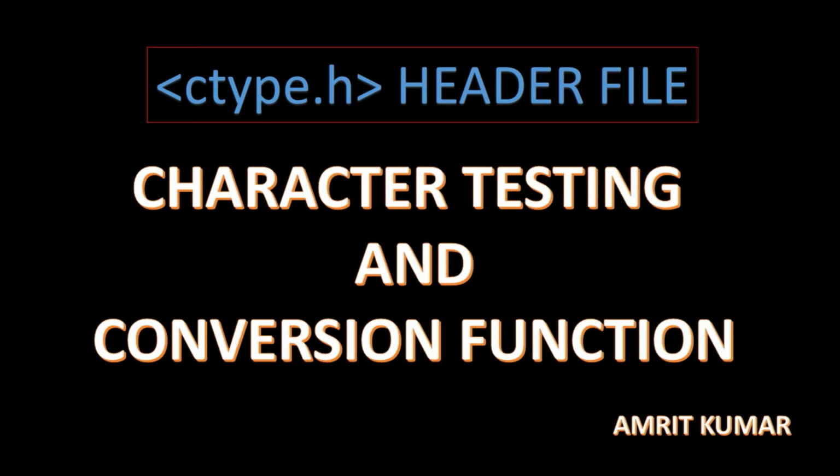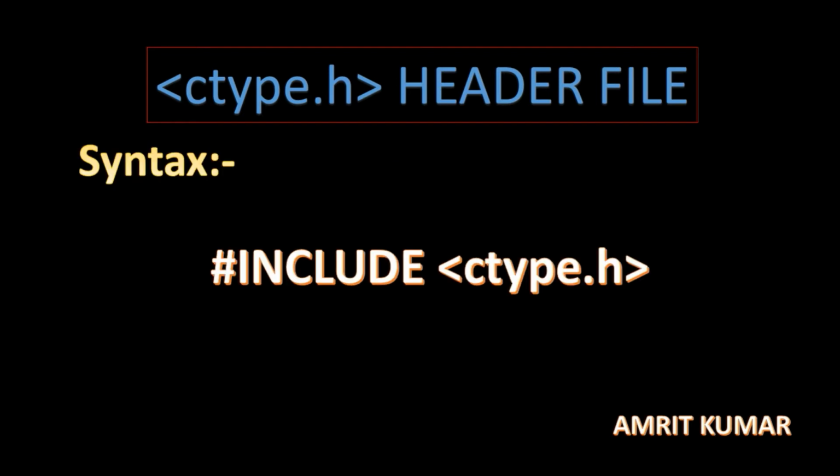Now let's look at the syntax, how to declare it. The syntax is clear: hashtag include. It means you are including this file in your program. So #include <ctype.h> is the syntax of ctype.